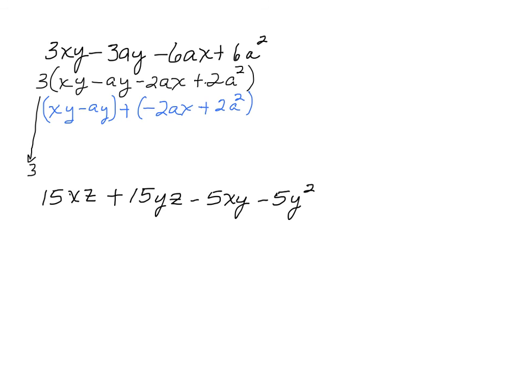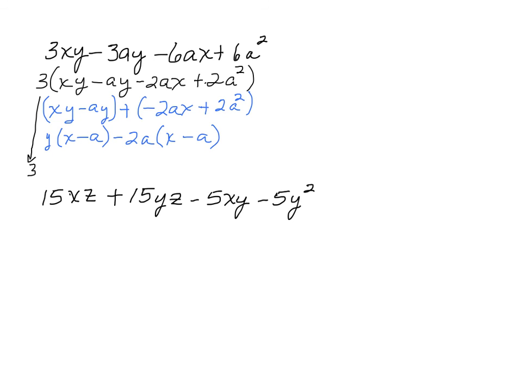I'm going to factor out a y here, and it's going to leave us x minus a. And I'm going to factor out a negative 2a over here, and we're left with x minus a.